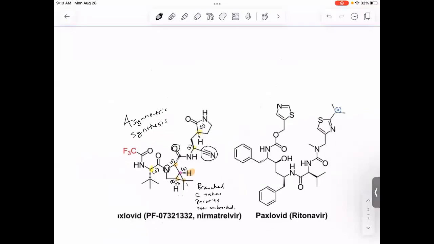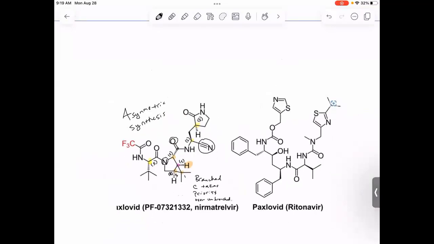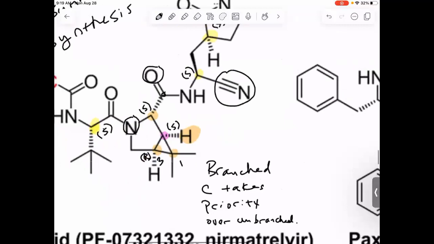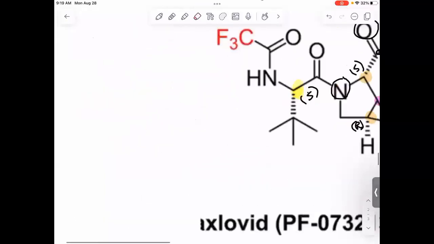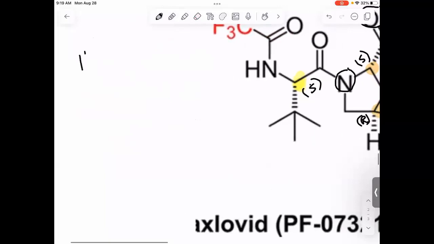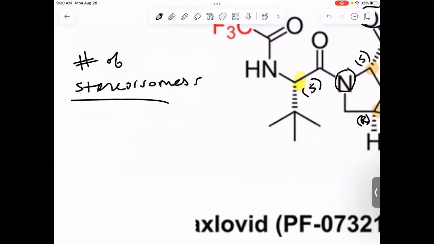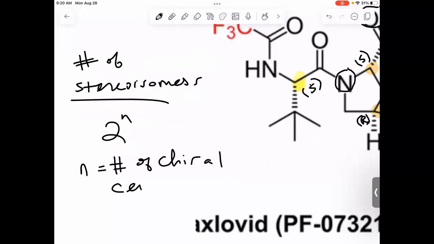All right, so let's push a little bit further. How many stereo centers do we have here total? We resolved all of them. So how many do we have? 1, 2, 3, 4, 5, 6, right? I mentioned on Friday, let's talk about this real quick. I mentioned on Friday the number of stereoisomers being 2 to the n, where n is the number of chiral centers.